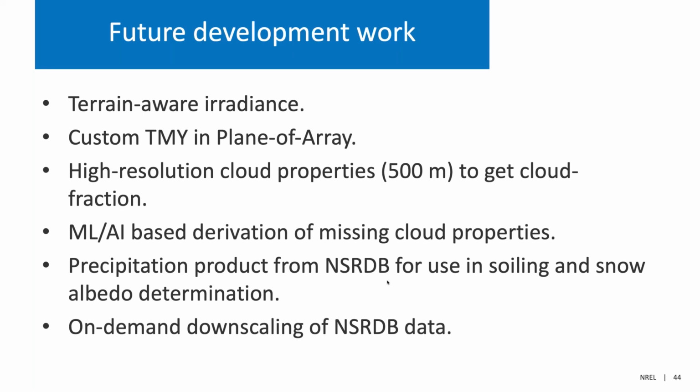One thing we found, and just wanted to make our users aware, is that if you use the regular TMY, which is essentially a median for all the data and is computed in a horizontal, and you use it for a tilt, which we normally do when we're doing rooftop or any other PV application, that is no longer a TMY for that particular plane of array.